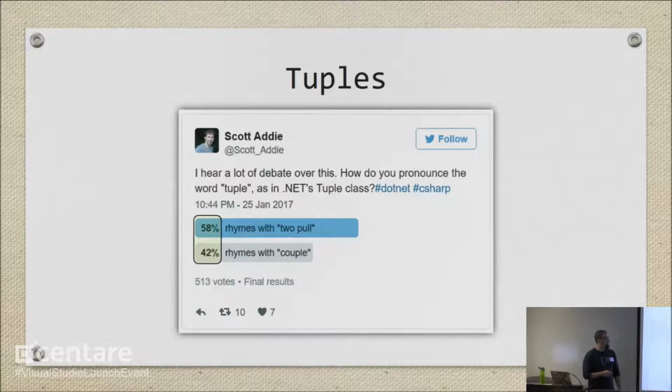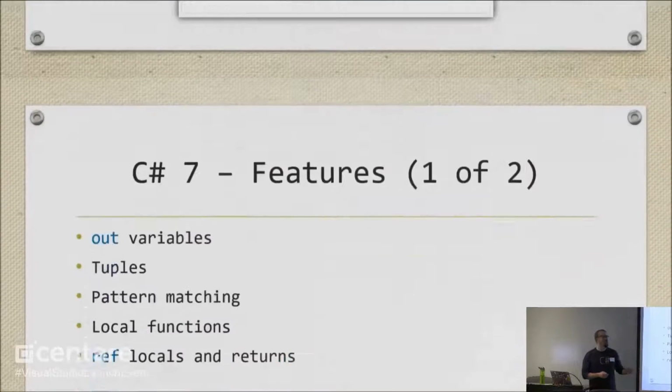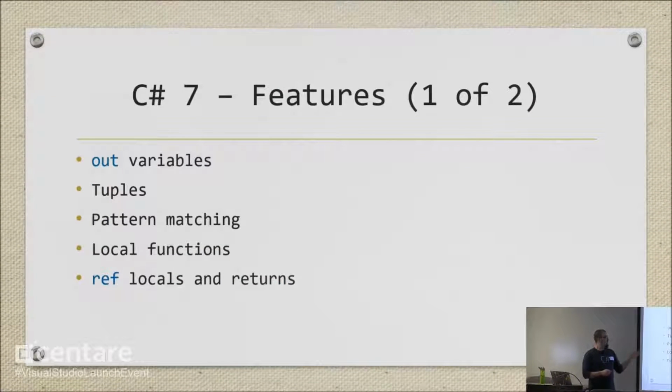All right. So for C#7, the feature set being delivered with Visual Studio 17, if you download and install this, you can have access to C#7 syntax and everything that's amazing with it. We get out variables. A lot of people are like, what? We already have out variables. I'll talk about this one a little bit more in depth.